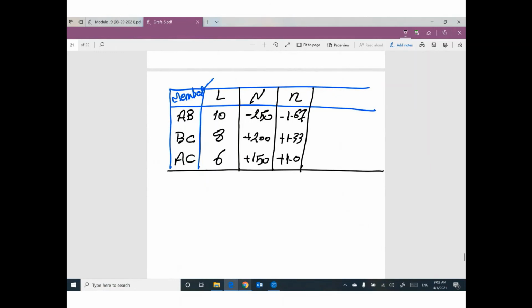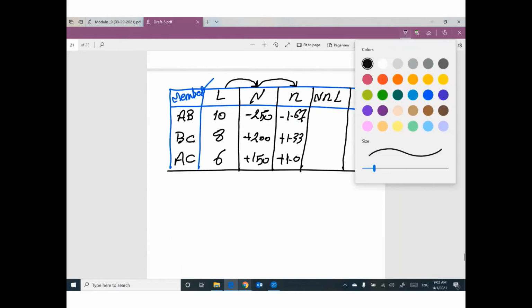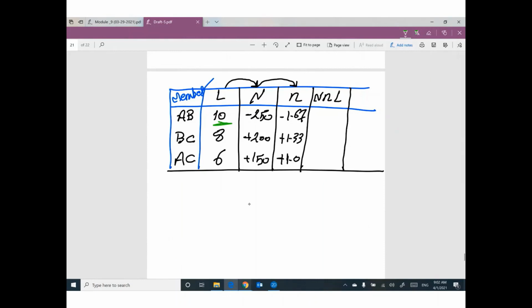Can you multiply this column by this column by this column to find capital N n L? So this value times this value times this value.